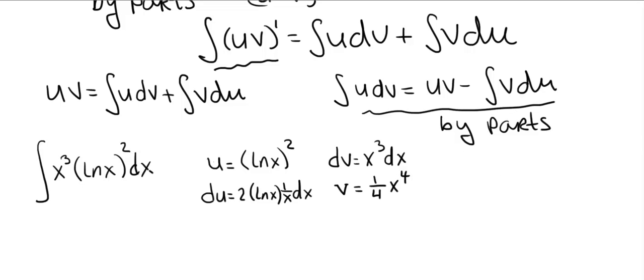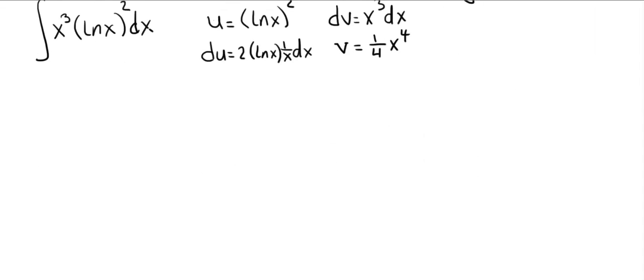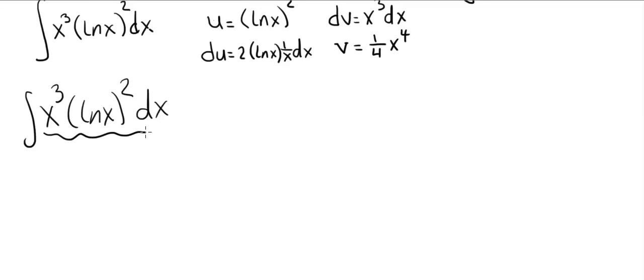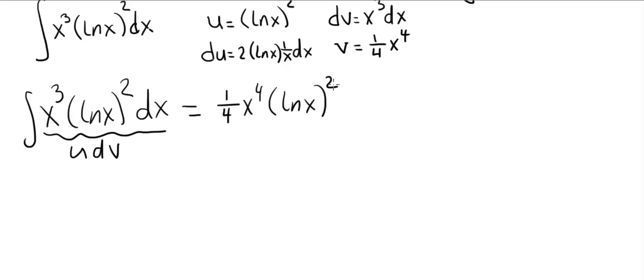Now let's use the integration by parts formula. Here's our integral, x cubed times ln of x quantity squared dx. We're calling all of this u dv. This is equal to u times v. I'll write it as v times u, it's easier to see: 1/4 x to the 4th ln of x quantity squared. So there's nothing to integrate here. This part is finished. Let's call this u times v, minus the integral of v du. So right over here is v, and this is du.